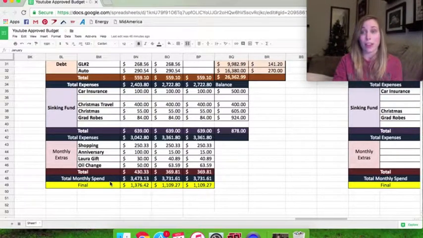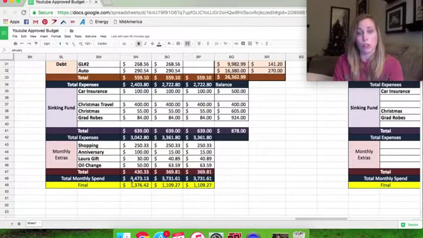The total monthly spending, the entire thing, meaning all of our bills, all of our sinking fund stuff, all of our debt, and any monthly extras, was budgeted at $3,473.13. And we actually spent $3,731.61.